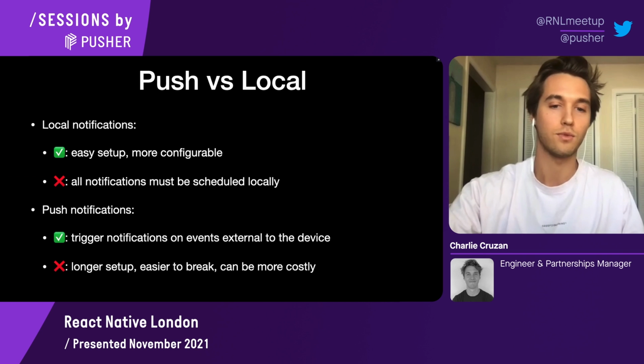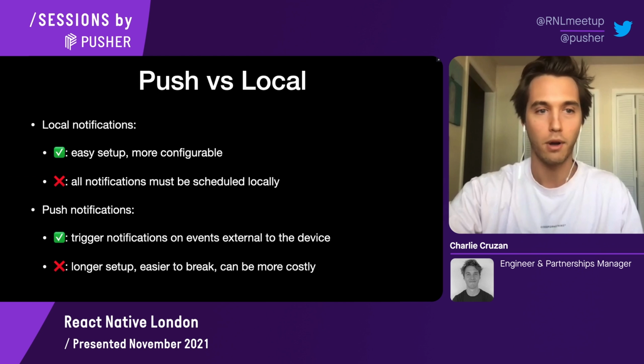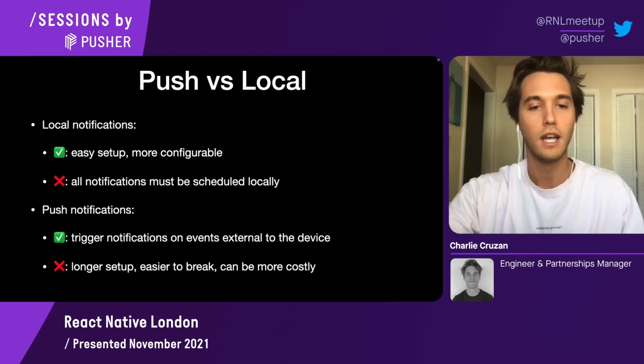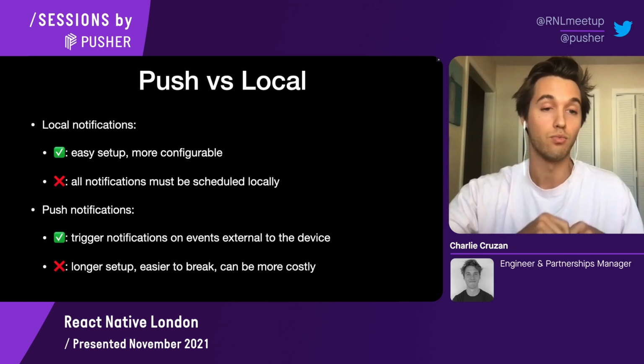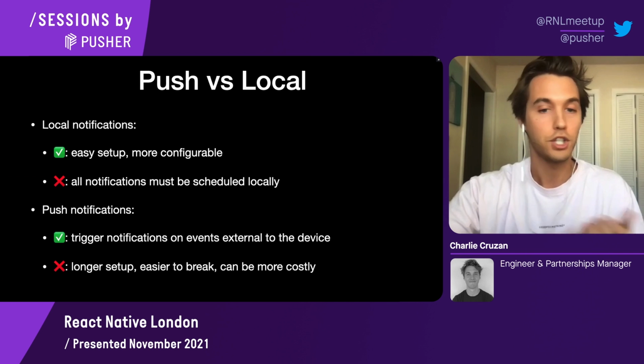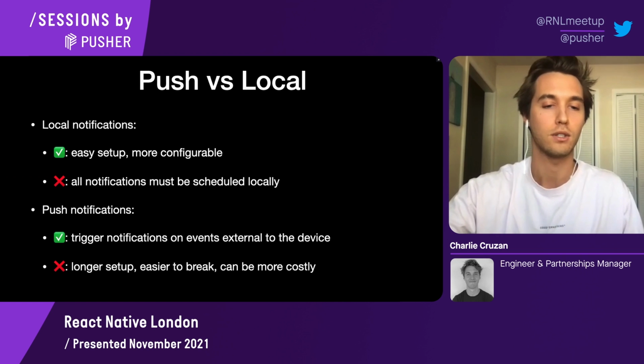Good use cases for this would be anything schedulable, like deadlines or reminders in an app. Push notifications, on the other hand, can be initiated and sent whenever, since it's happening on the server side. So this is really good for when a chat message is sent and I want to let my user know that they have received it. I would use a push notification to alert them about that.